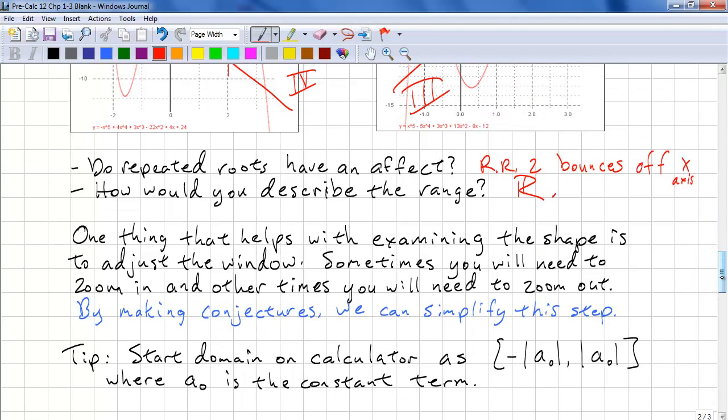One thing that helps examining the shape is to adjust the window. Here I've already adjusted the windows. And so you'll need to zoom in or zoom out. Making conjectures, we can simplify this step.